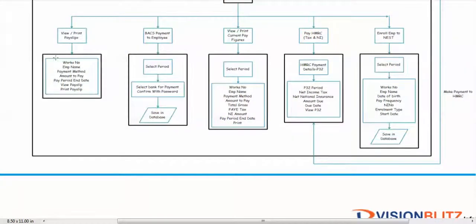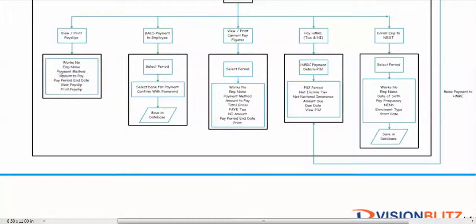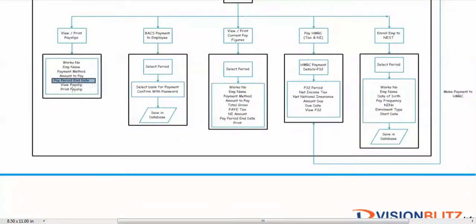So what are the things we can see in this view of print payslip module: works number, employee name, and employee payment method, whether he is going to get the salary in the form of a check or a draft, or the salary amount is going to be credited to his salary account directly, what amount has been given to an employee as a salary, and pay period end date.